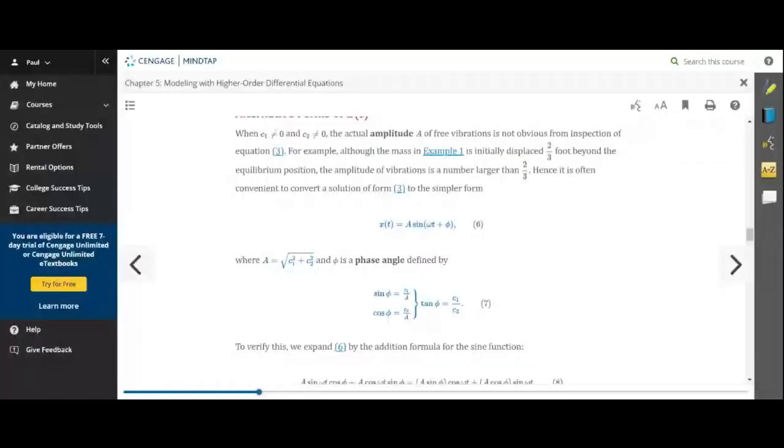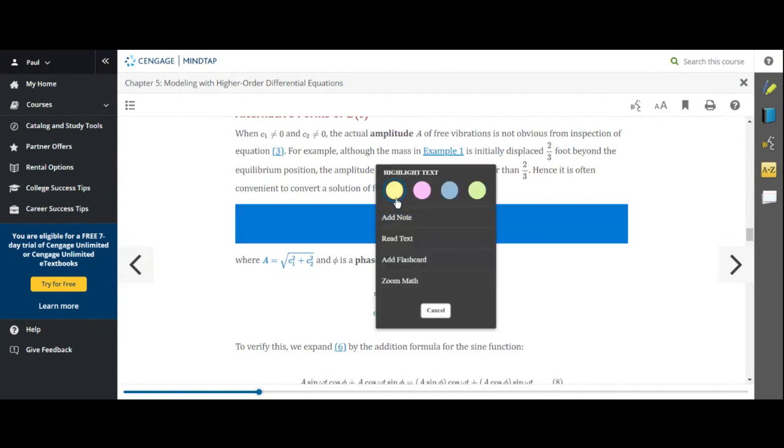Okay, there it is. And if we double click on the screen, it'll make it a little bigger. So, all right, how can we go from a linear combination of a cosine and a sine function to get this form here, form 6 that you see in front of you?